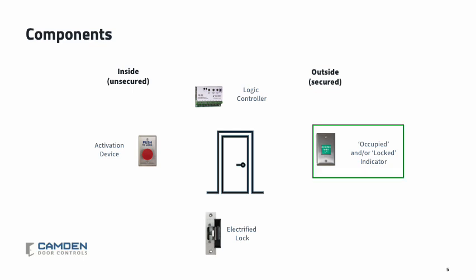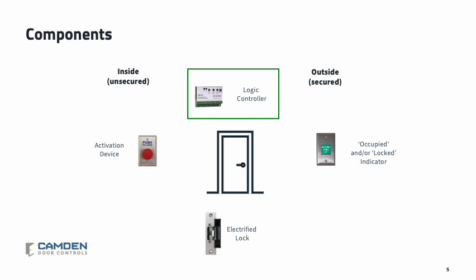A device that indicates that a room is occupied outside the room or locked inside the room are important to communicate room status. Please note that some applications may also require remote enunciation. This could be a signal being sent to a remote customer service desk or a security office.